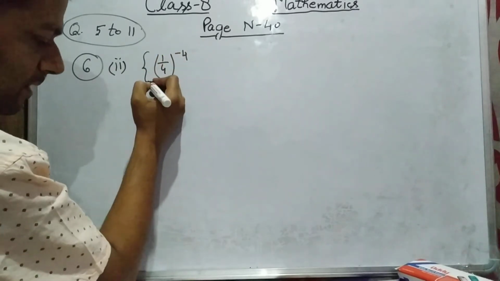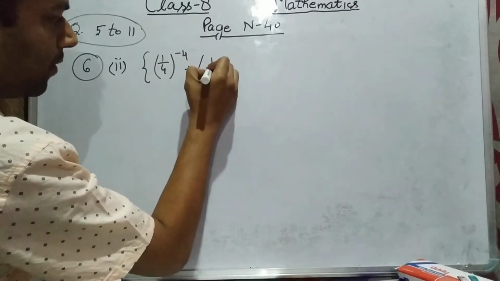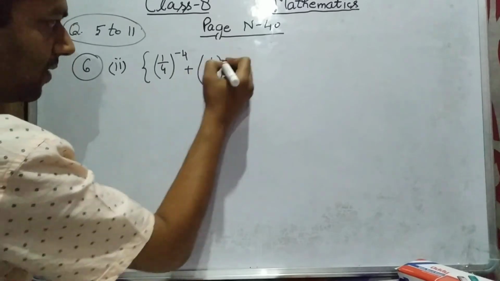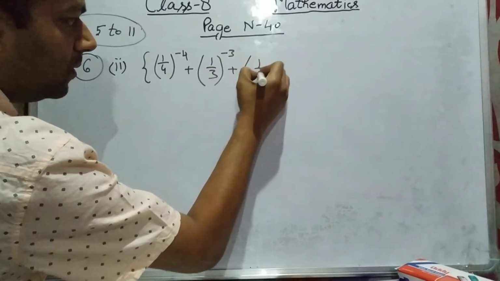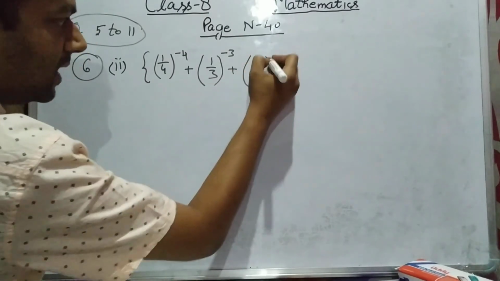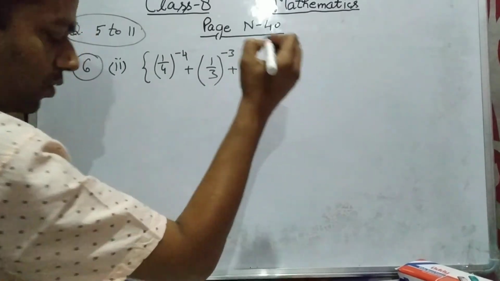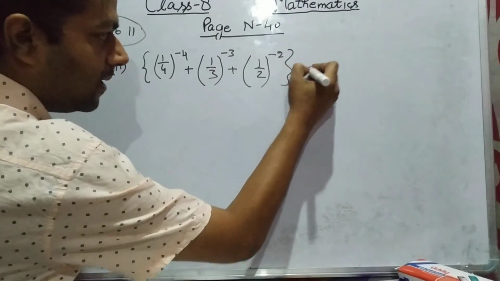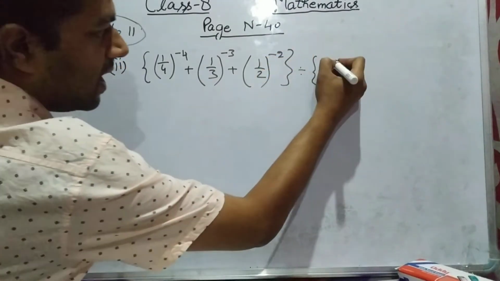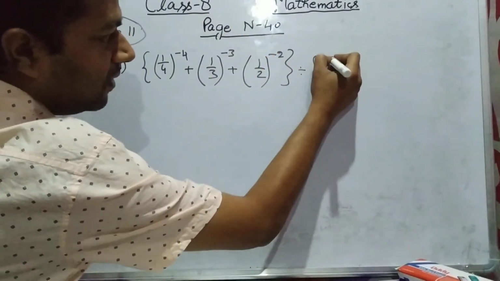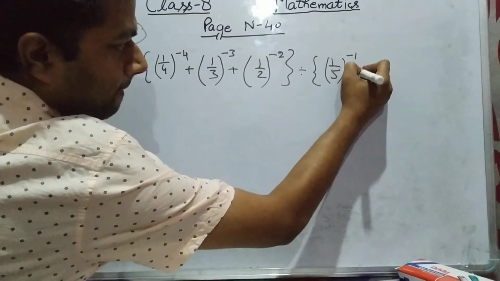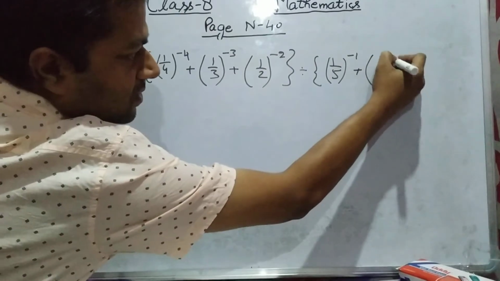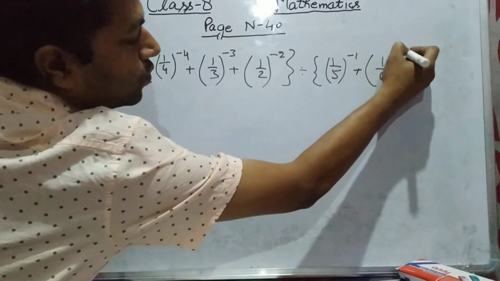Curly braces: minus 4 plus 1 upon 3 to the power minus 3 plus 1 upon 2 to the power minus 2, curly braces closed, divide sign, curly braces start, minus 5 to the power minus 1 plus 1 upon 6 to the power minus 2.